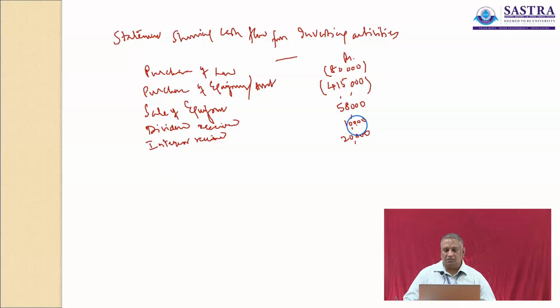So 58, 68, 88 is to be reduced from the payments.